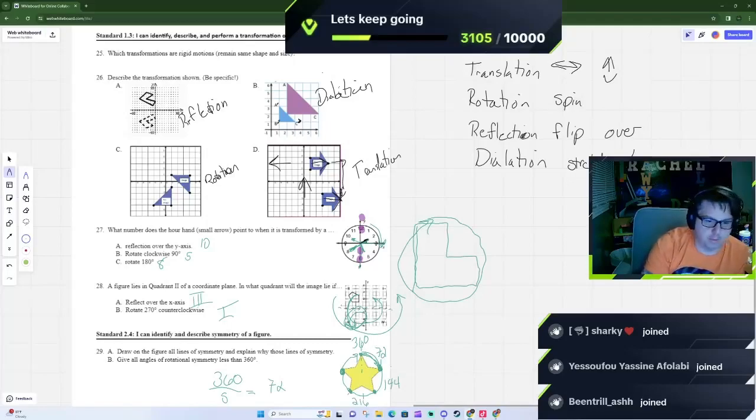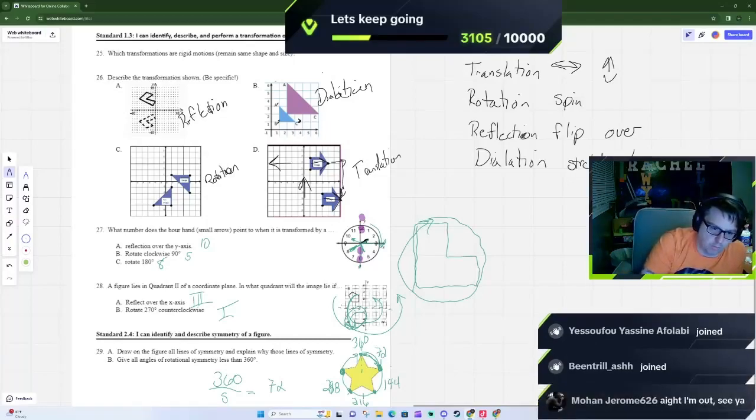Double check my math. This will be 288. Because 7 and 1, 6 and 2, 88. And then when we do another 72, that's when we get back to 360. So there's rotational symmetry at 72, 144, 216, and 288.